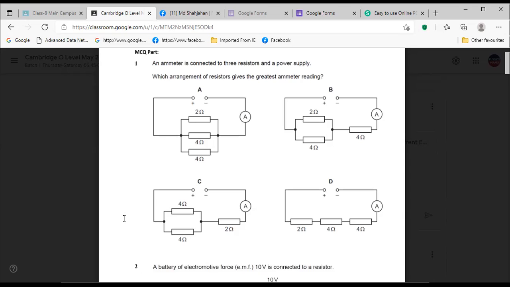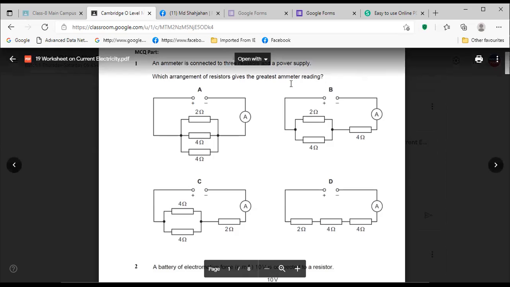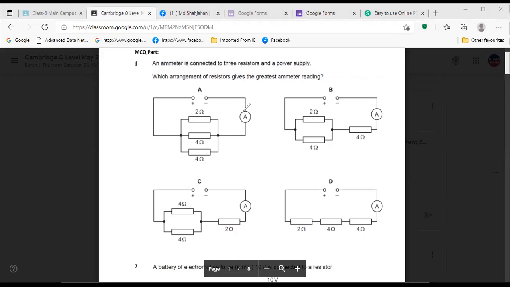There will be most current and greatest ammeter reading. So find it, everyone. Try to get it. Calculate using the formula you got. You got two formulas, one for parallel, another for series, to calculate combined resistance.